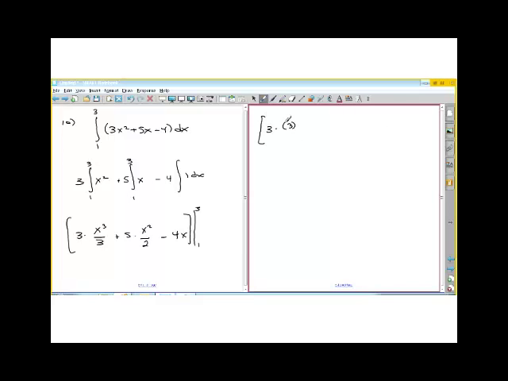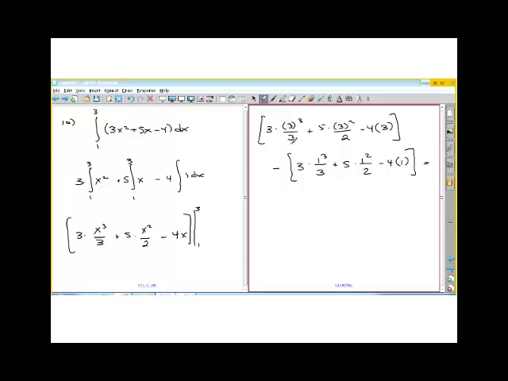We get 3 cubed over 3 plus 5 times 3 squared over 2 minus 4 times 3. That's the function evaluated at the upper limit. Then we have the lower limit: 1 cubed over 3 plus 5 times 1 squared over 2 minus 4 times 1.